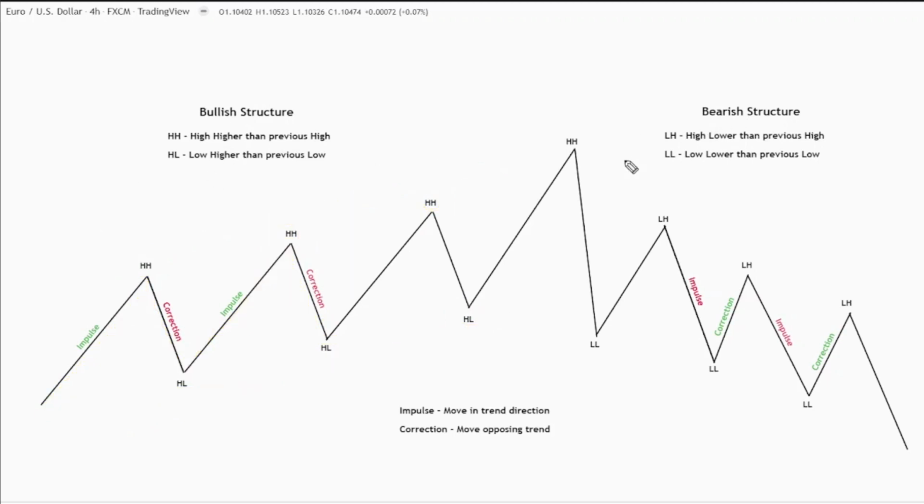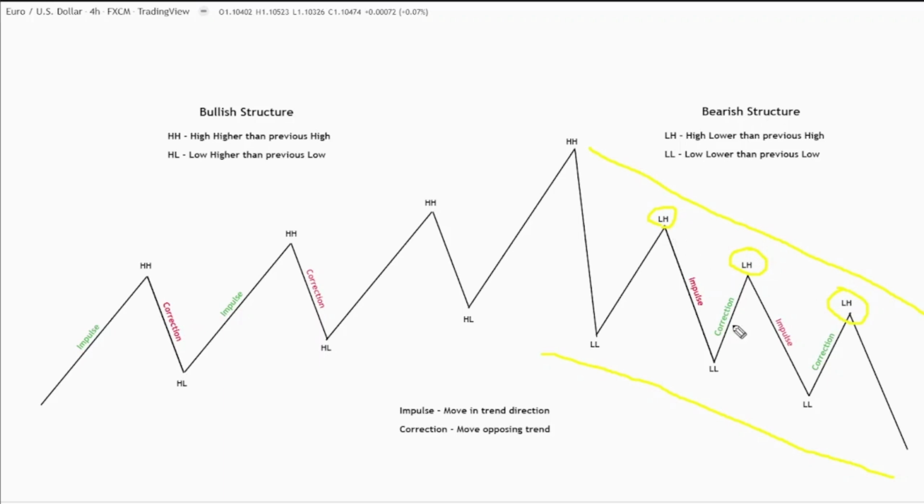Now, on a bearish market structure, this is a structure or a point in the market where the market will be in a downtrend. Now, in a downtrend or a bearish structure, the high points now are going low. They go low, and these high points that go low are referred to as lower highs.